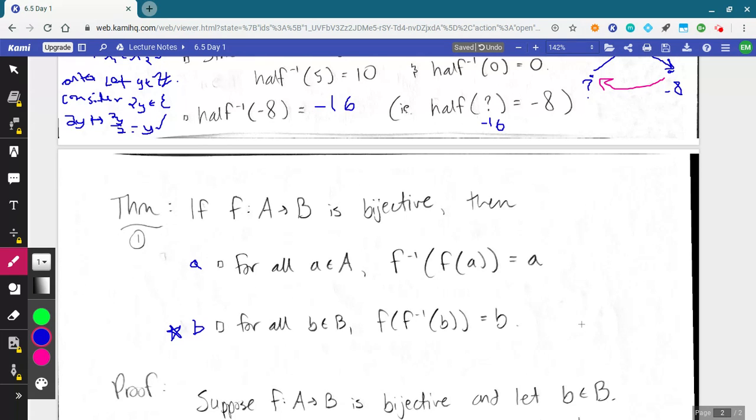All right, so to start off, let's assume the hypothesis. Suppose that f from A to B is bijective. All right, then what kind of statement are we trying to prove? Well, it's a for all statement, right? So to deal with that, we'll just let little b be a general element in big B. And then we just need to show that this right-hand equation holds.